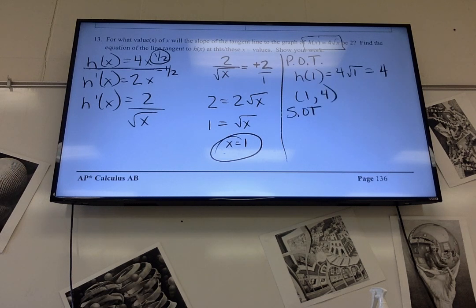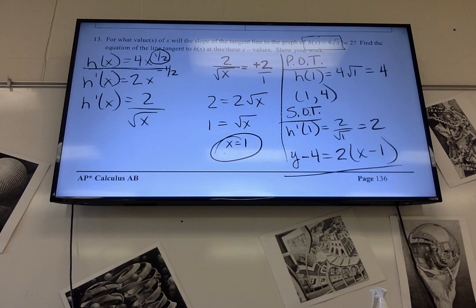For SOT, I do h prime of 1, which is 2 over the square root of 1, which is 2. Oh, this is much prettier. So it's y minus 4 equals 2 times x minus 1. And that makes sense because we wanted to know where the tangent line was going to be 2, and we can see it is indeed 2 there.